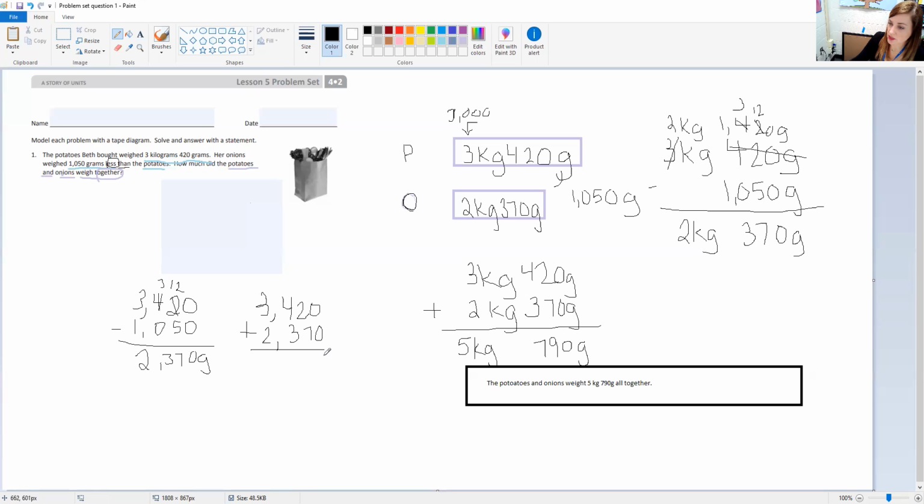I could add those two together. And I get 5,790 grams, which is the same thing as 5 kilograms, 790 grams, because there's 5,000. So that's the 5 kilograms and then 790 grams. So either way, that would be the correct answer. But if I did it this way, I could write out my answer: the potatoes and onions weigh 5,790 grams.